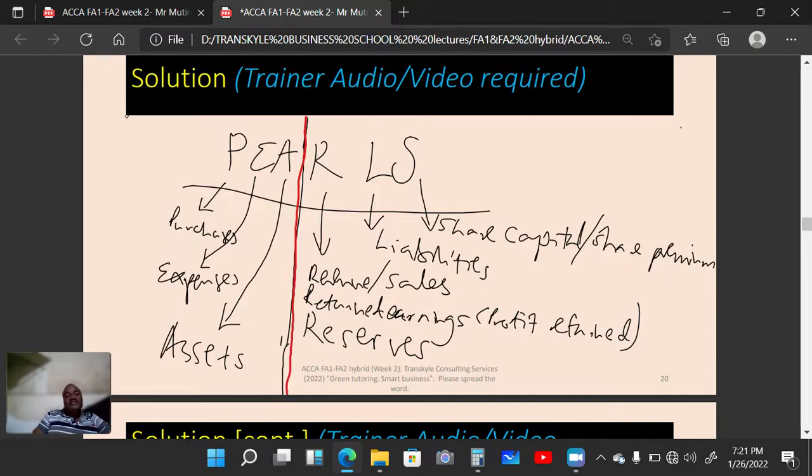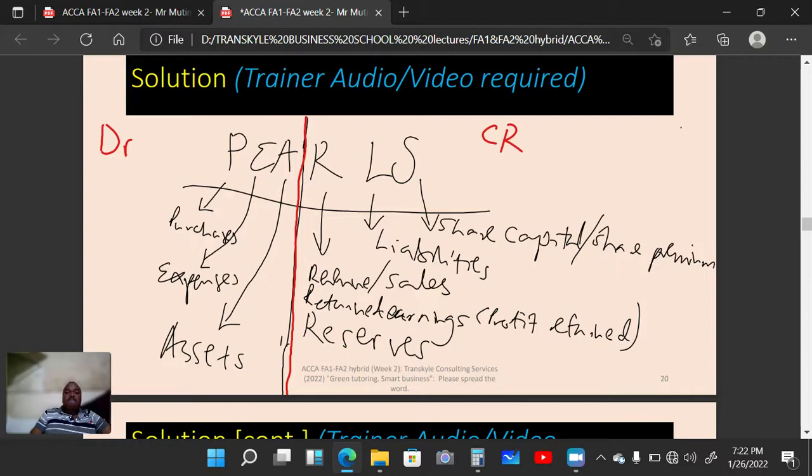On the left hand side, we are having the debit. On the right hand side, we are having the credit. This is a very important lesson, and I want you guys to excel in your studies.